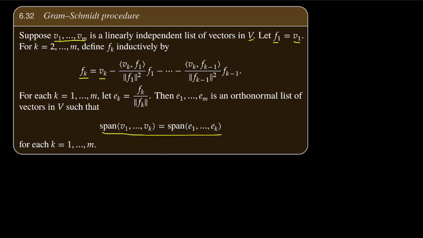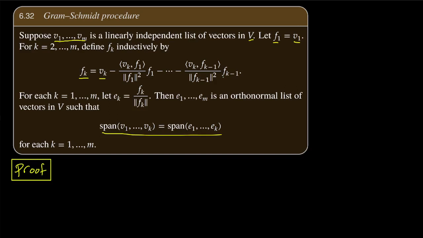All right, so let's do the proof of this. Now, it's not too bad. The gist of it is basically the picture we just drew. So the idea is, we'll take the previous vector, and then we'll subtract the chunk of it that is not orthogonal to f1, and we'll subtract the chunk of it that's not orthogonal to f2, and so on, all the way up to the chunk that is not orthogonal to the (k-1)th f.